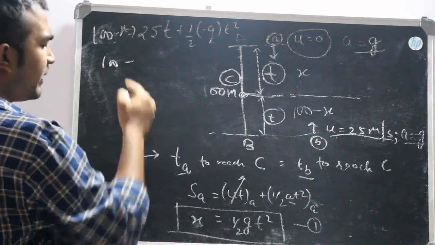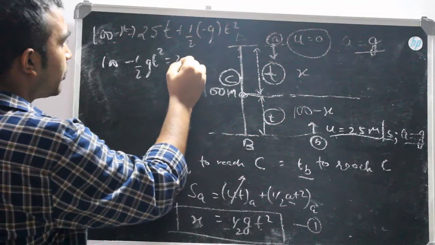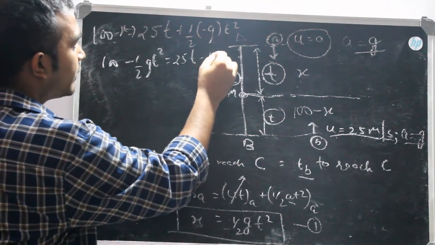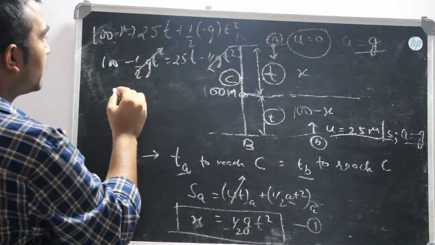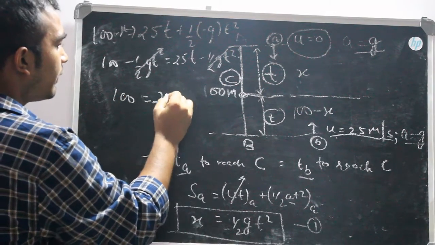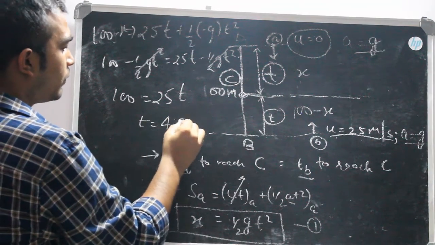So 100 minus x equals 25t minus half g t square, where x is half g t square. So half g t square goes, 100 equals 25t, t equals 4 seconds.